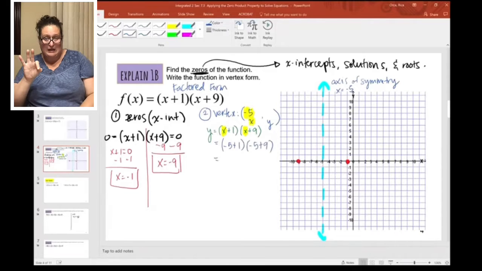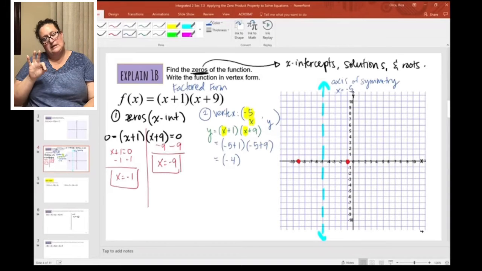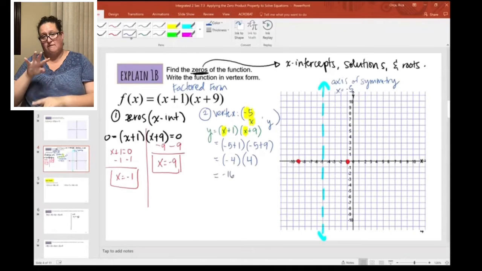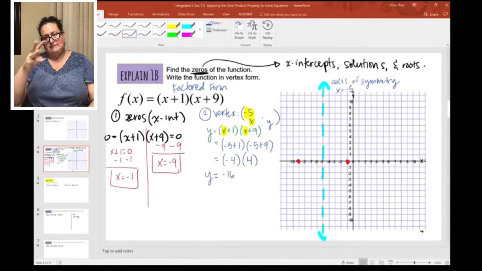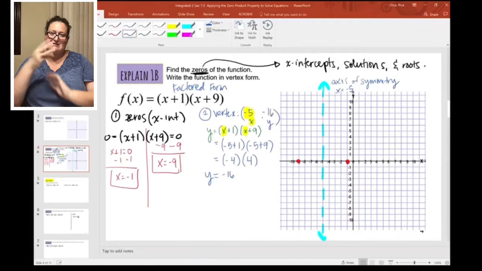-5 plus 1 is -4, and -5 plus 9 is +4. -4 times +4 is -16. So the y value of our vertex is at -16.